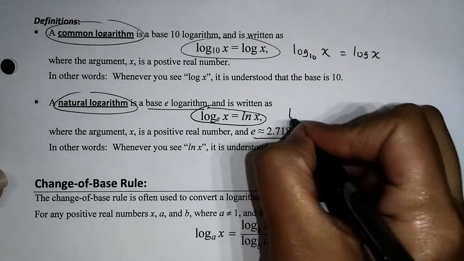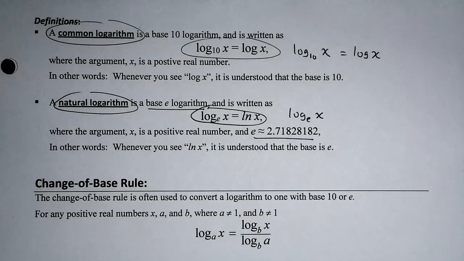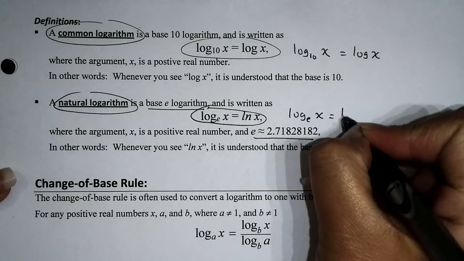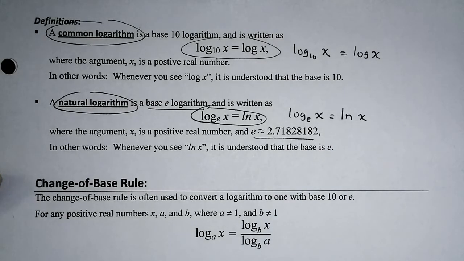So we have logarithm base e of x, and once again you will never see something like this in the textbook, not because you won't be assessed, it's just not the notation that we use. So whenever we have a logarithm with base e, we typically replace it with the natural log. That's a pretty long word, so we will replace it with ln, which is a notation for natural log.